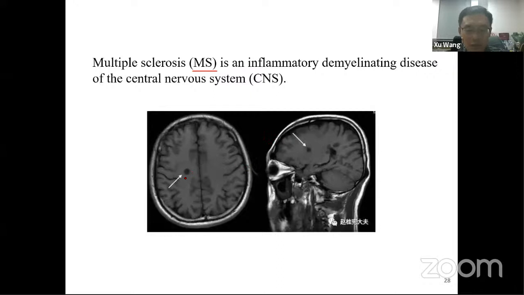From this picture, we can see that in the brain of the MS patient, there is a lesion, and this is an MS lesion. And that is the reason why this disease is called multiple sclerosis, because there are many sites of sclerosis in the brain.